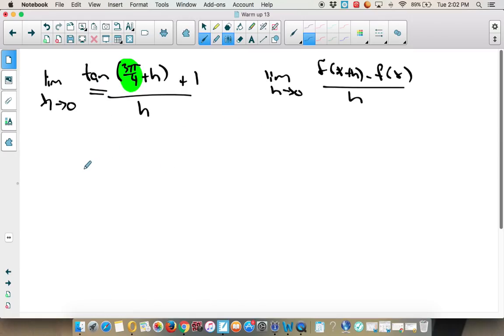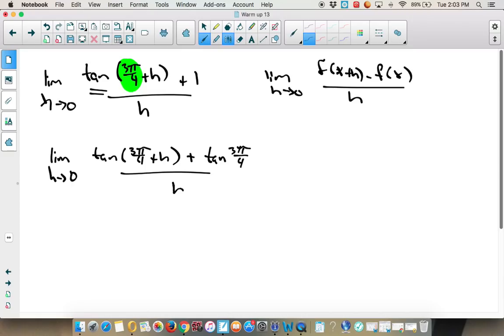I'm suspicious that it's tan, so I'm going to rewrite this: the limit as h goes to 0 of (tan(3 pi over 4 plus h) minus tan(3 pi over 4)) over h. Well, tan of 3 pi over 4 is negative 1, so that's why the plus 1 is there.